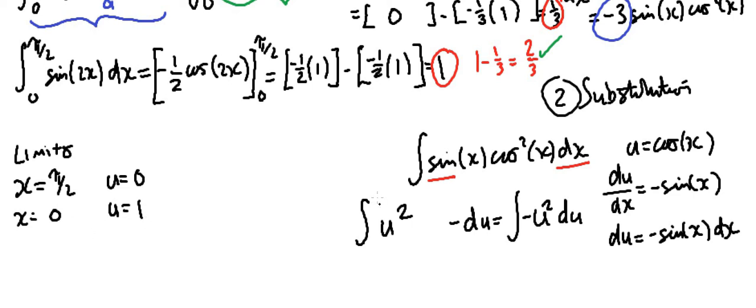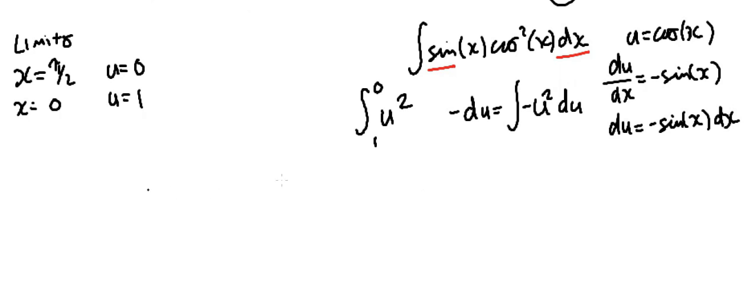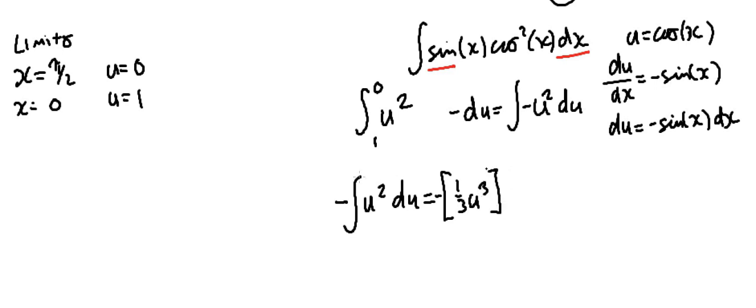So my two new limits are 0 and 1. Now what I have to do is integrate that. u squared du, well, that's pretty easy. That means I'm going to have a minus, and I have a third u cubed, with my limits of 0 to 1.